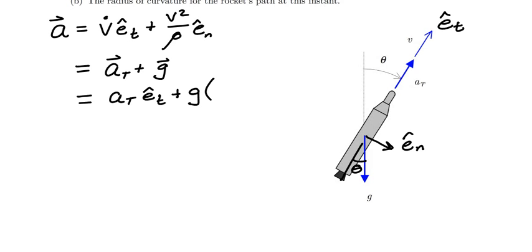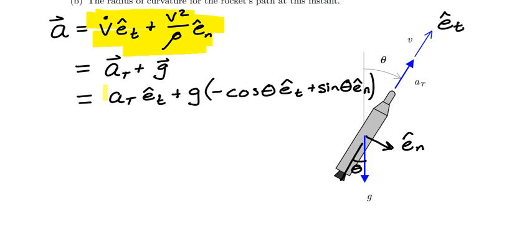So in this case, that g is going to be minus g times the cosine of theta in the e sub t direction, plus g times the sine of the angle theta in the e sub n direction. Now all I really need to do is equate the line up above with the net result we get from right here. The vector equation gives me two scalar equations.